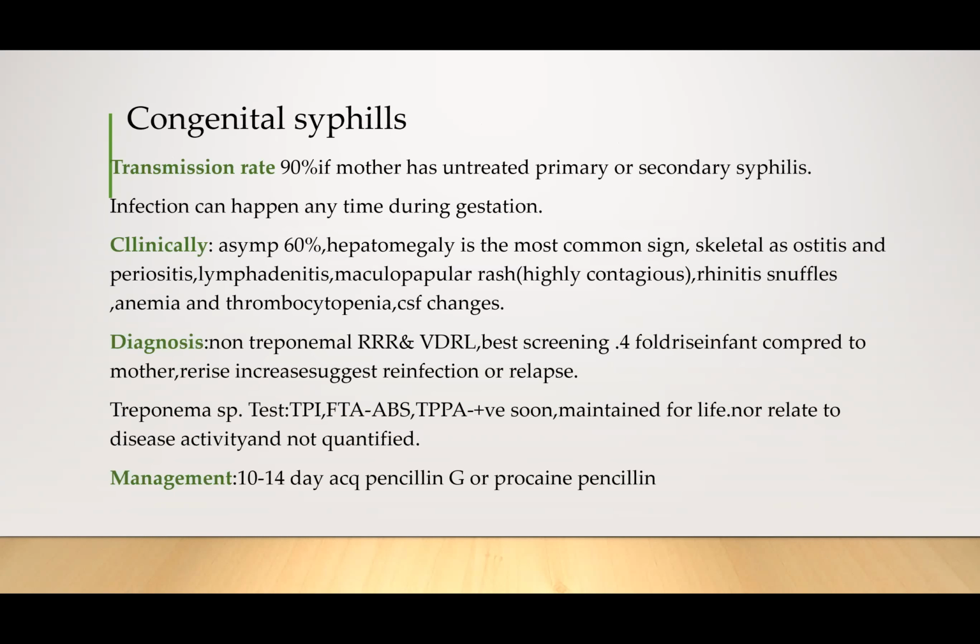This is a very nice slide from our pediatric protocol about congenital syphilis. It is very important because it is stated that there is a 90% transmission rate if the mother has untreated primary infection, and it can occur anytime during pregnancy.